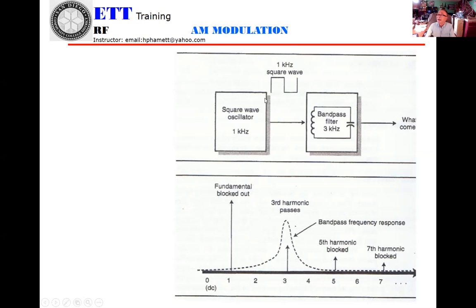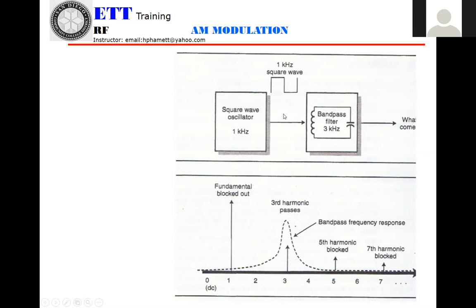So when the output is a 1 kilohertz square wave here, how many signals will be coming out? 1K. How many? You get a 1 kilohertz square wave.